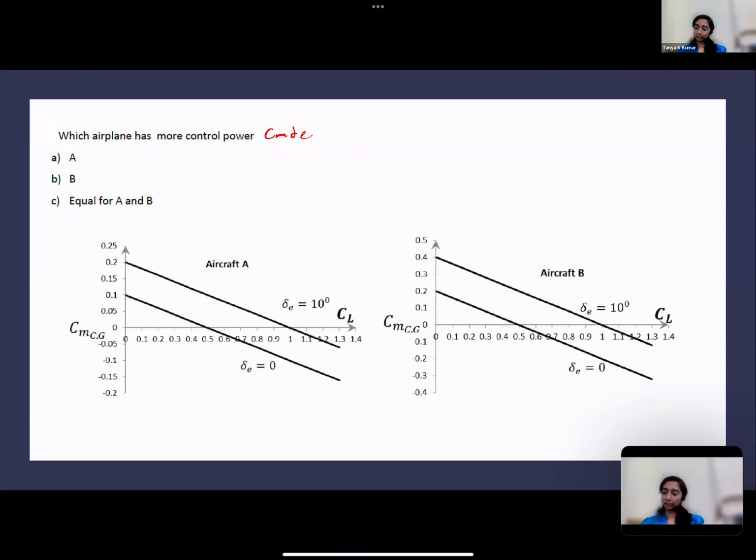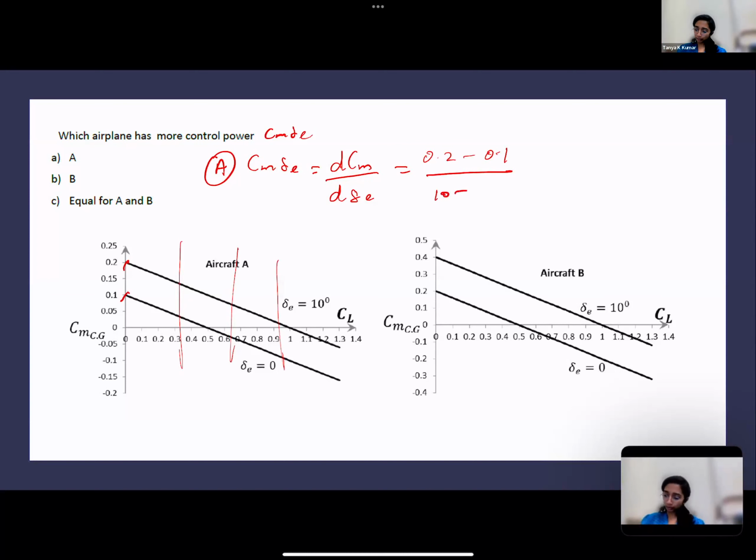Let's find out CM delta E for both of them. For A, CM delta E is dCM by d delta E. What is the change in CM? 0.2 minus 0.1. What is the change in elevator? Take it at any point. I'm taking it at the first point because it's convenient. It is 10 minus 0. So this comes to 0.01.